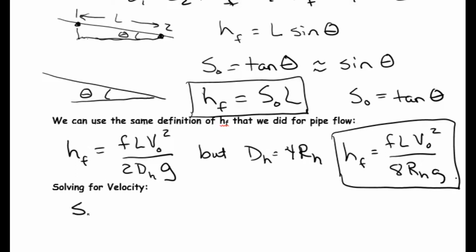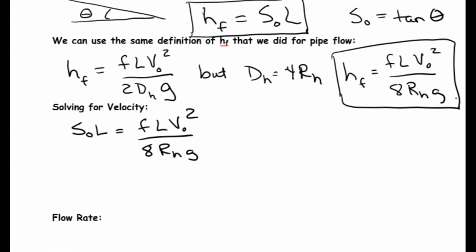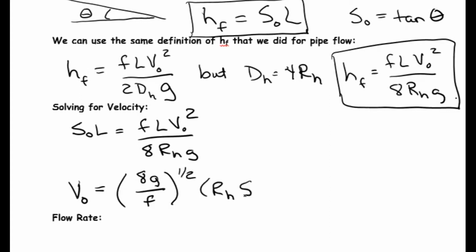So S0 L equals f L V0 squared over 8 RH g. And solving for velocity, V0 equals, and we want to write it out like this, (8g over f) to the 1/2 times (RH S0) to the 1/2.